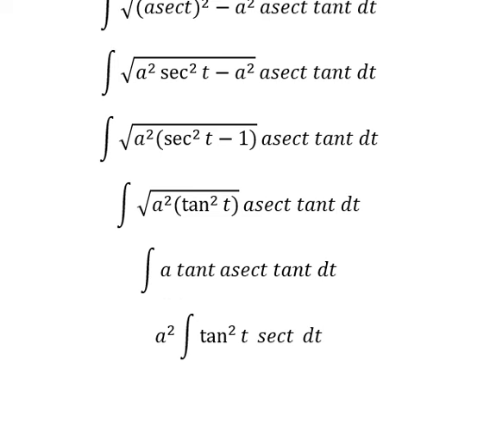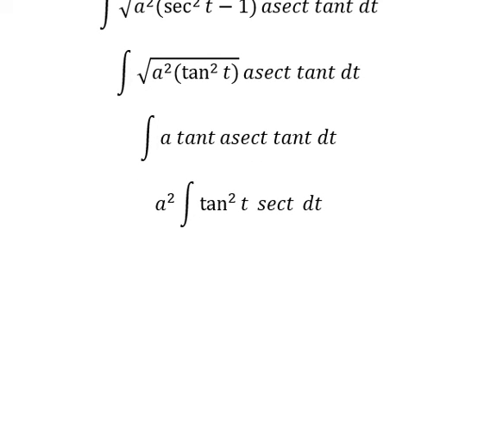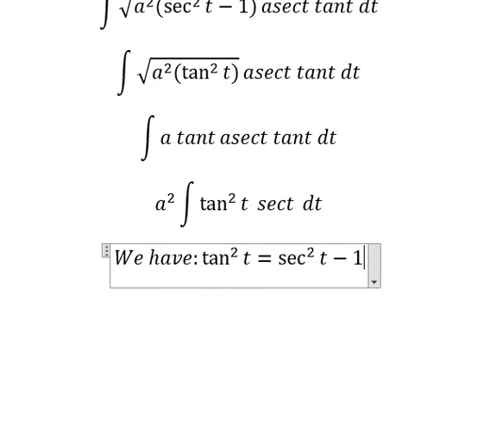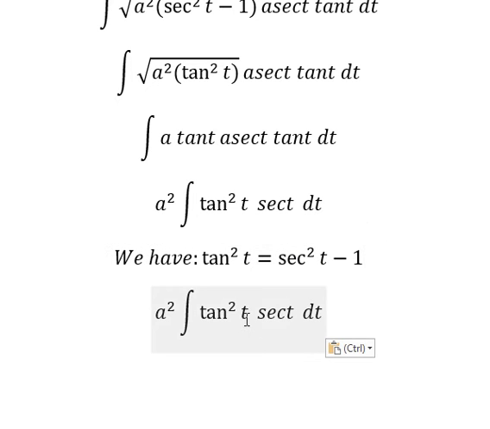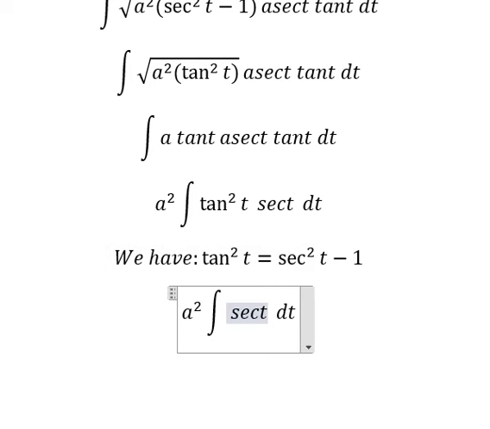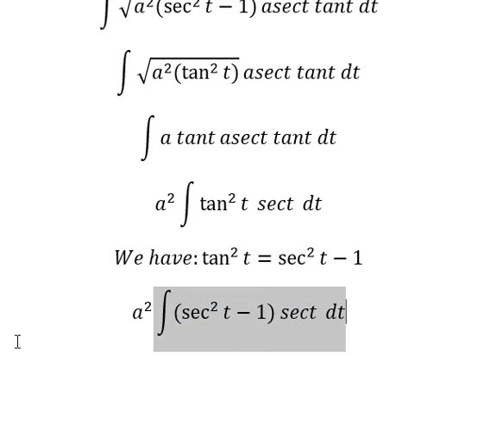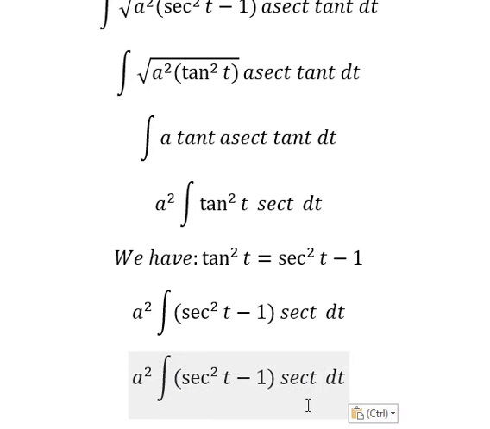And now we have the formula in here. So we need to transform tan t square, that is about this one: secant of t multiplied by this one and number 1.